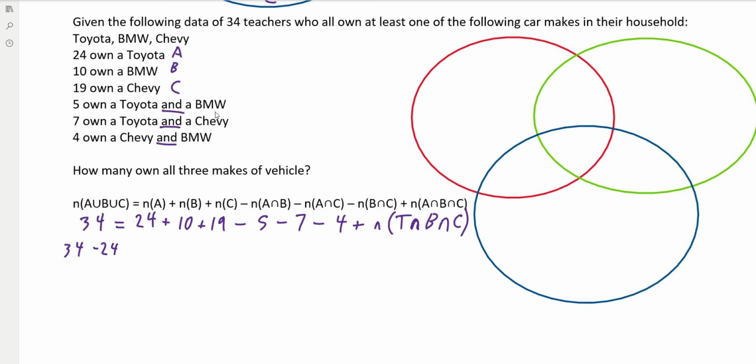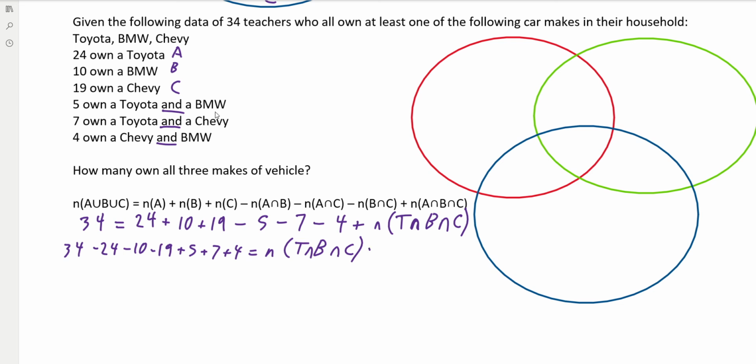So 34 minus 24 minus 10 minus 19 plus 5 plus 7 plus 4 equals n, and then the intersection of all 3. It's really hard for me not to do a normal n. There you go. Intersection of all 3.